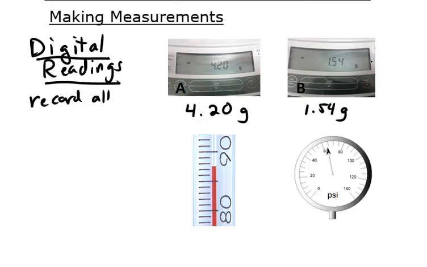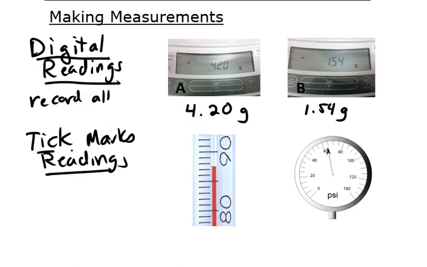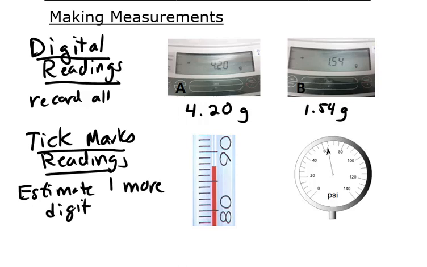When you do readings that use tick marks, you have to read something like a thermometer, or in this case a pressure gauge. You're going to read to the tick mark, and then add one more digit that you estimate. So you estimate one more digit beyond the marks.